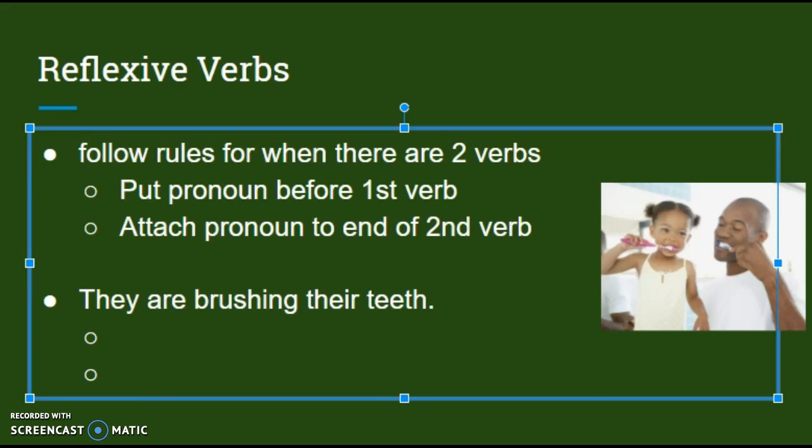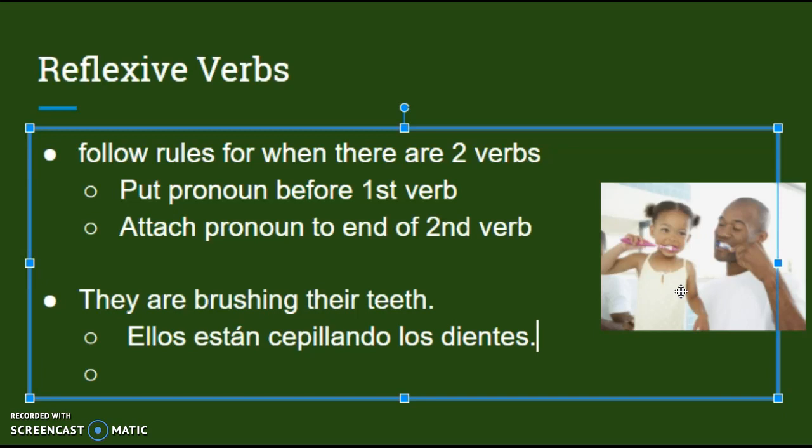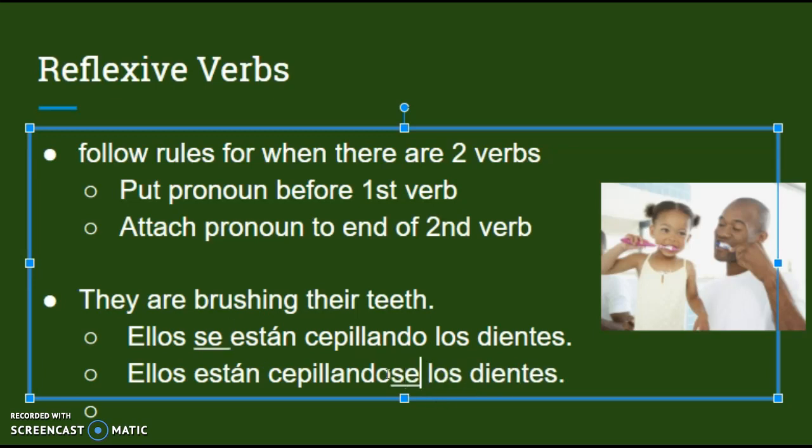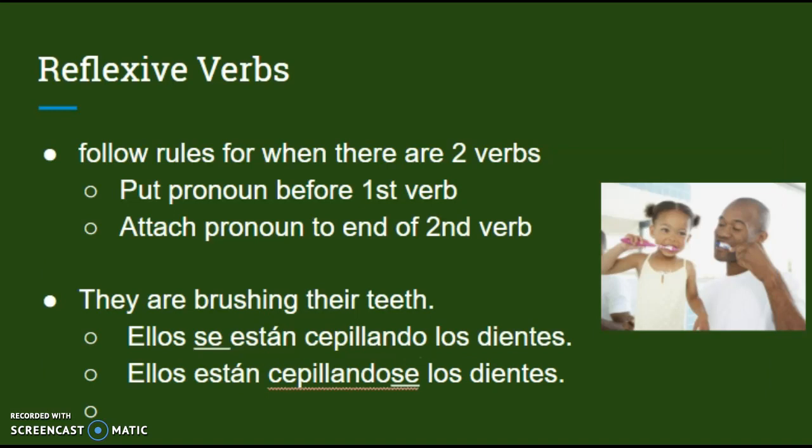So if I'm trying to do they are brushing their teeth, ellos, they would be están cepillando los dientes. And then my reflexive pronoun would be se, since it's they. I can either put it before my first verb or attached to the second verb. So I can have ellos se están cepillando los dientes, or están cepillándose los dientes.